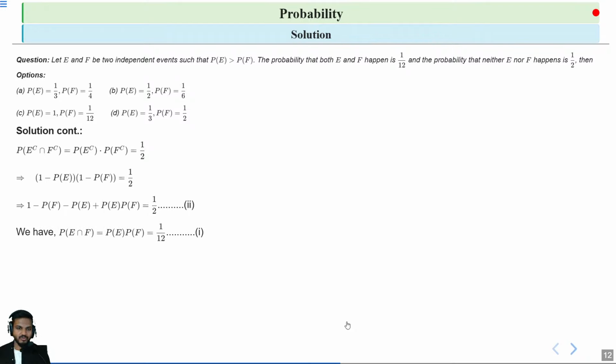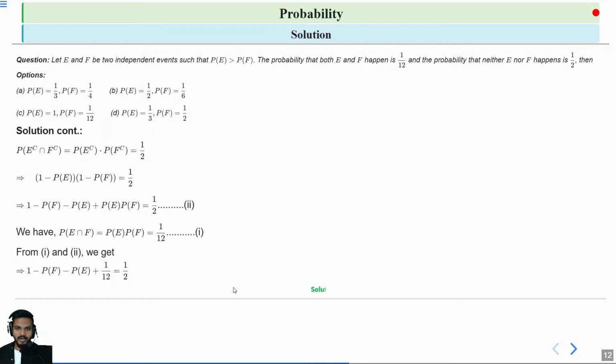So we have equation 1: probability of E intersection F is probability of E into probability of F, that is 1 by 12. And equation 2: 1 minus probability of E minus probability of F plus probability of E into probability of F, that is 1 by 2.